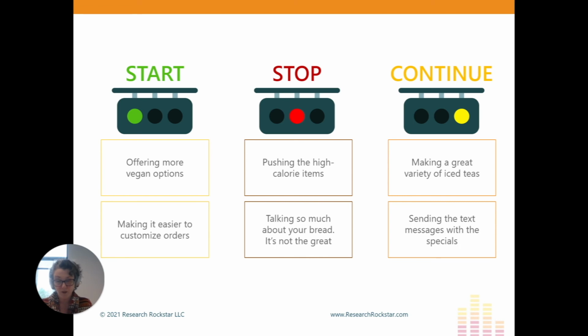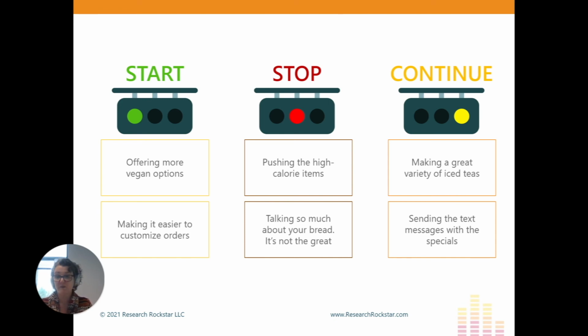Now, an important thing here too is to be specific about what it is you are asking about. In my hypothetical example here, I said, we are Acme coffee shops, and we would like to find out what we can do to improve our coffee shops. What should we start doing, stop doing, continue doing? But it could have been something much different.